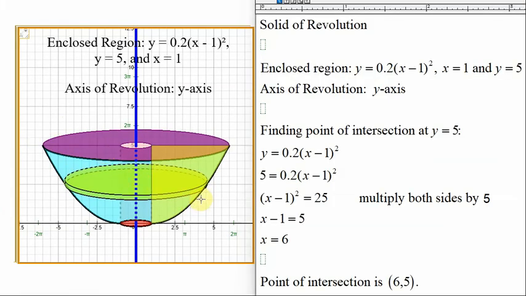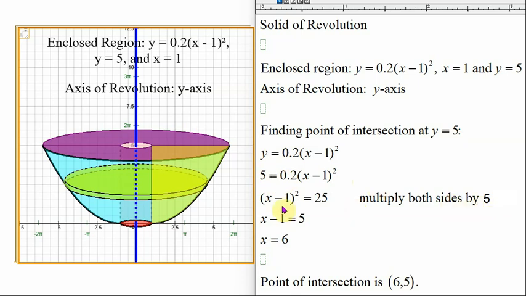First we need to find this point right here so that we know what the range for y is. We know that this line here is y equal to 5, and the curve here is y equal to 0.2 times (x minus 1) squared. At this point right here, y is 5, so in the place of y we have 5, and then multiply both sides by 5.